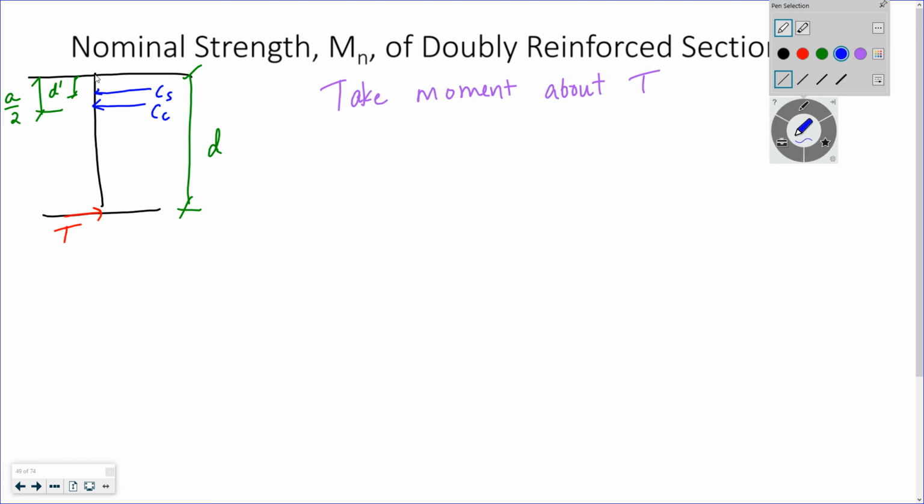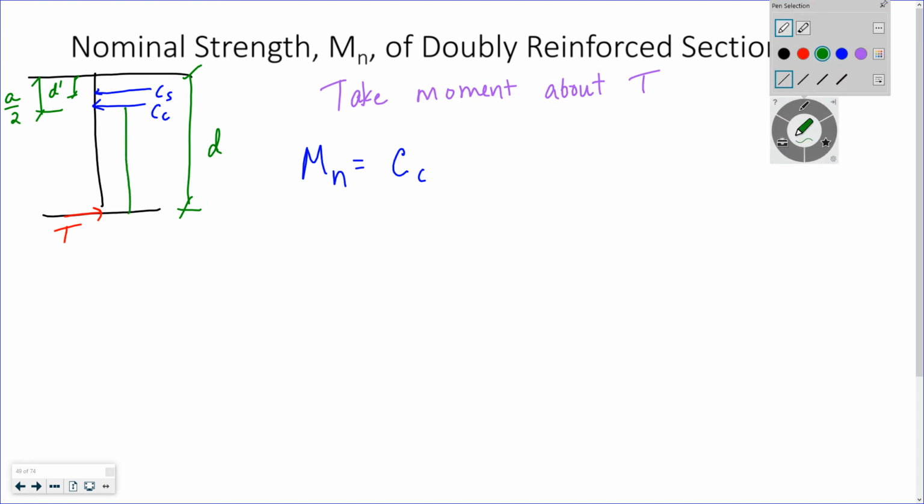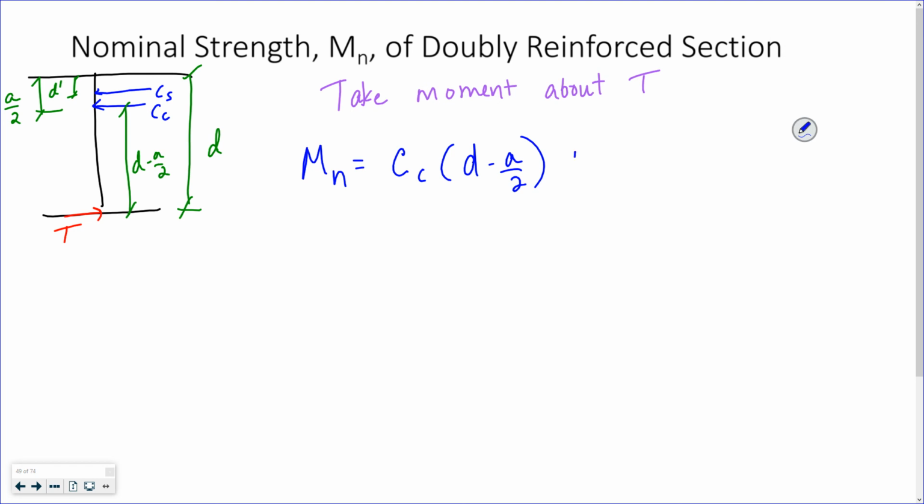So, Mn is equal to C sub C. The moment arm is d, right? This distance from here to here is d minus a over 2. So C sub C times d minus a over 2. And the distance for C sub S is d minus d', just subtract out the little d'.